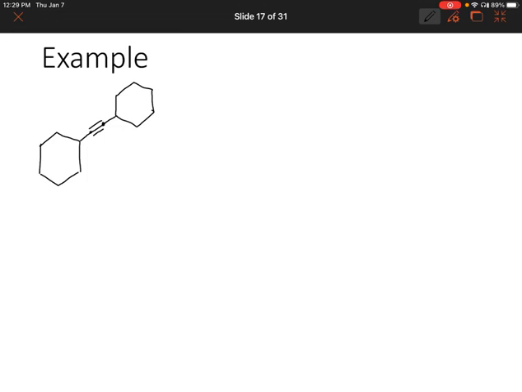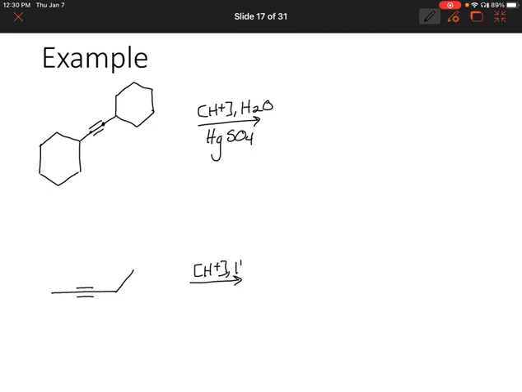There we go. That looks a little better. And then let's also look at this alkyne. Okay, and then we're going to perform the acid catalyzed hydration for each of these. And again, I want you to determine what the final product or products would be for each of these. So feel free to pause the video and try this on your own, and then we'll go over it together.